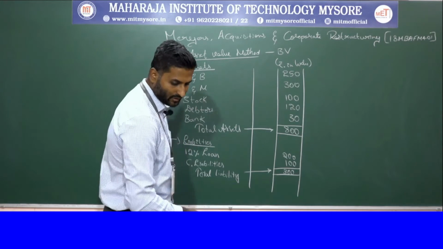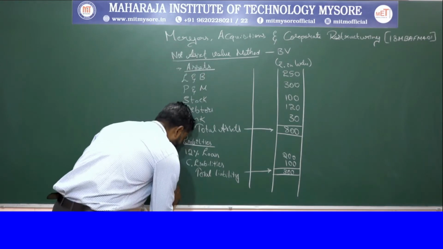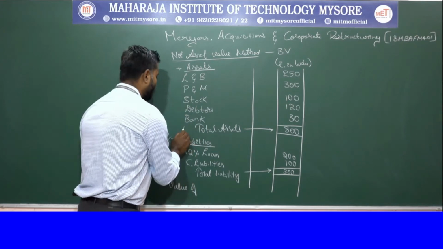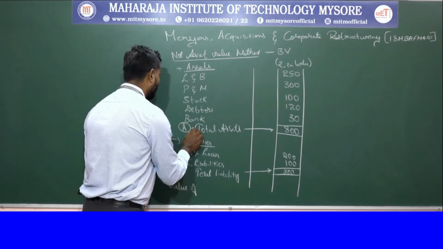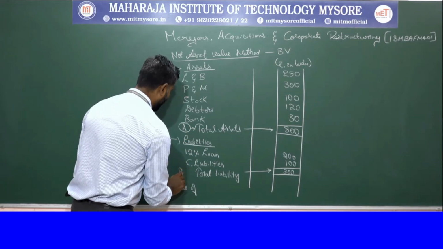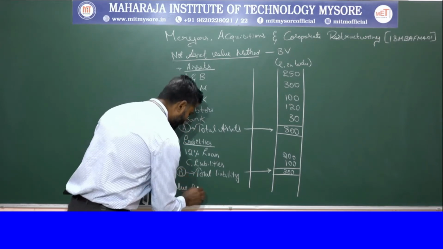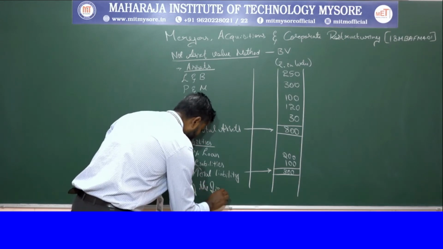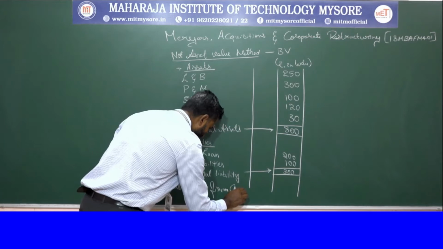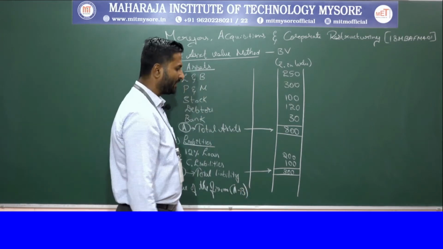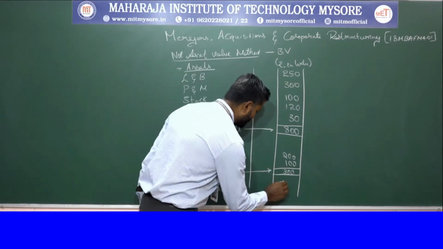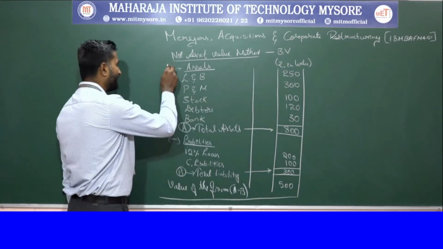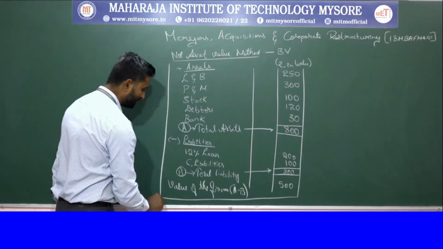Hence the value of the firm. Consider total assets as A and total liabilities as B. Value of the firm equals A minus B, where 800 minus 300, which we got, gives 500 rupees as the value of the firm.